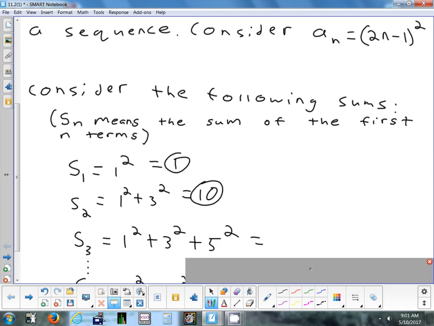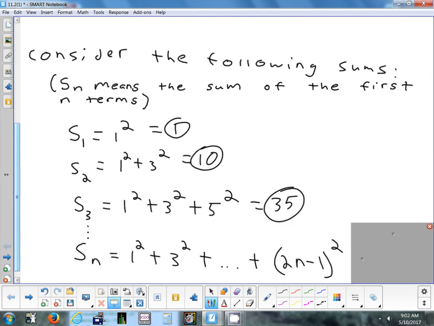So the sum of the first 3 terms would be 35. And then in general, if you wanted to write out the sum of the first n terms, it would be the first term plus the second term plus the third plus the fourth plus all the way up to the nth term. Wouldn't that take a really long time if we're going to do 50? Right? If you were going to do 50, by hand, it would take a long time.